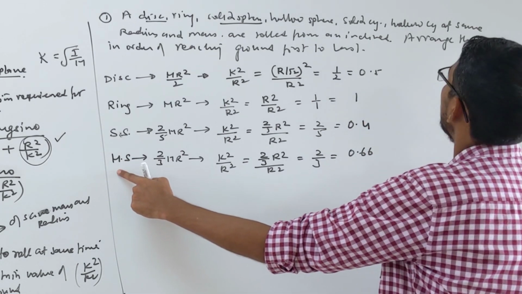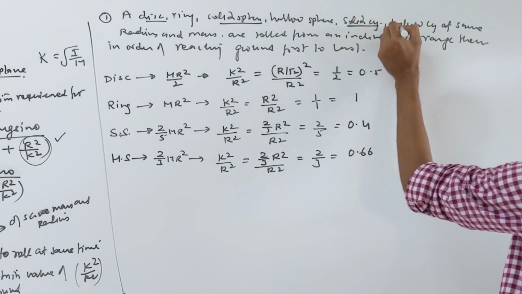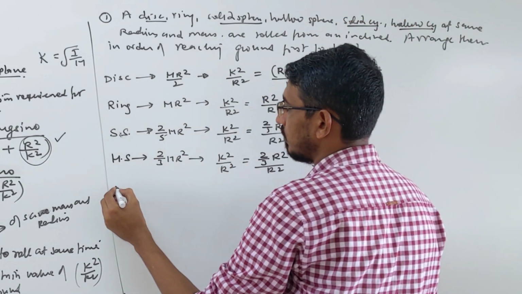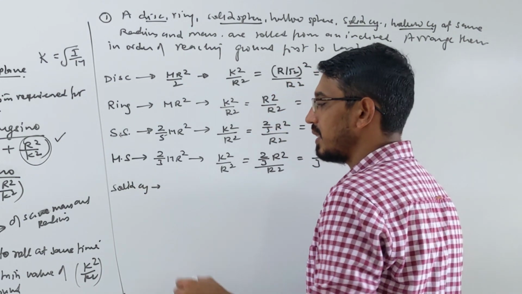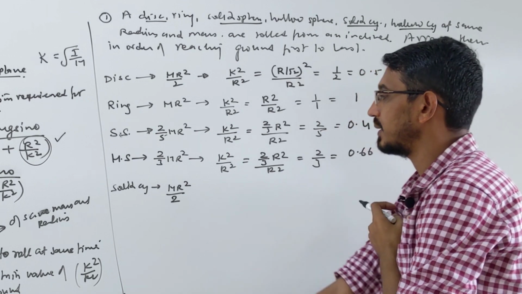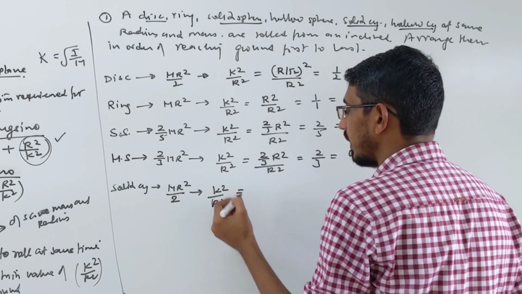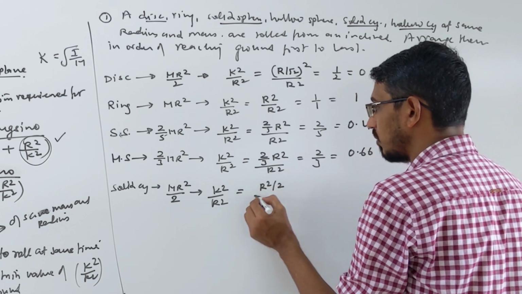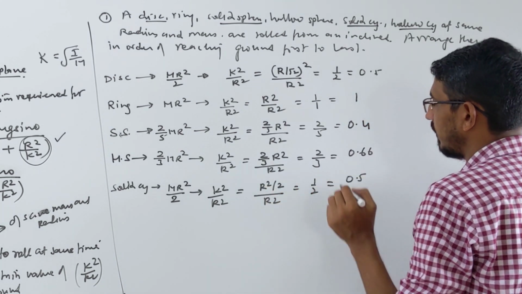Then after this I wrote solid cylinder and hollow cylinder. So solid cylinder inertia is mr square by 2, right? Yes. So what is the k square by r square term for this? K square means simply again r square by 2, divided by r square, that becomes 1 by 2, so that becomes 0.5.